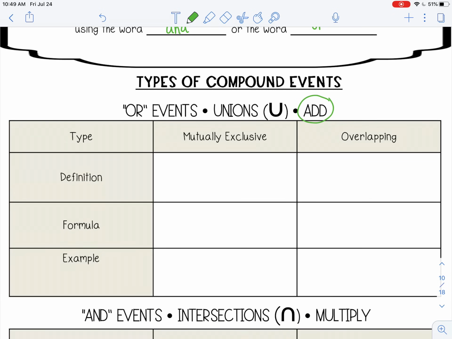The first one is mutually exclusive, and that is events with no common outcome. And then overlapping events, of course, are events that do have a common outcome.